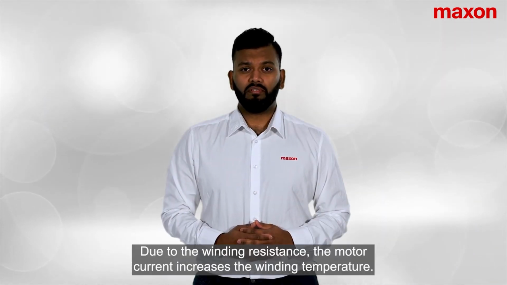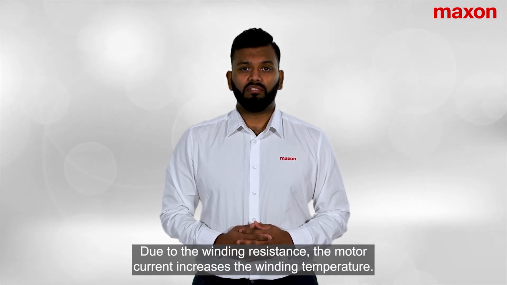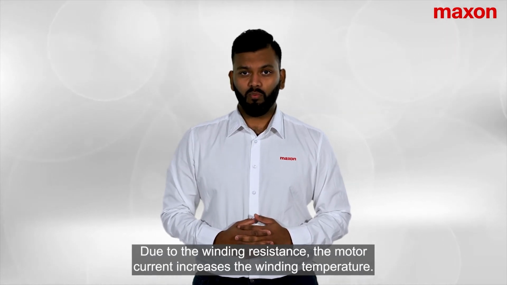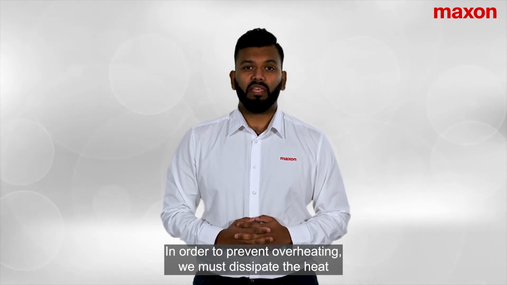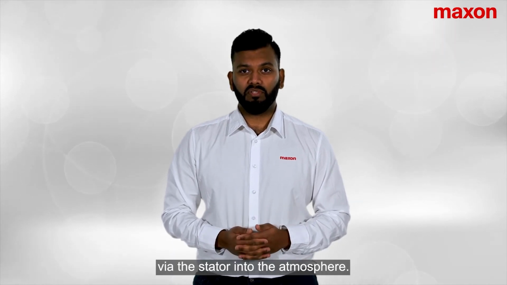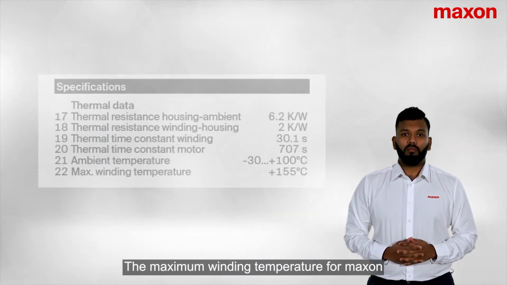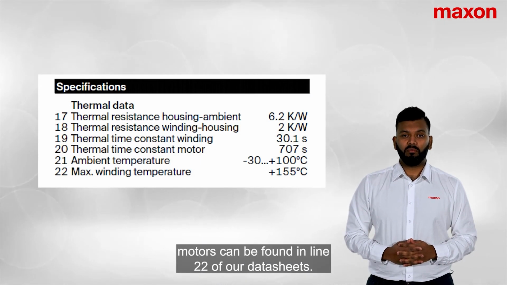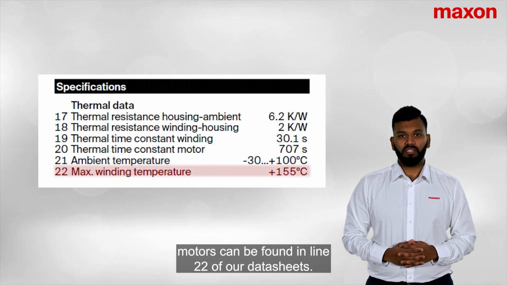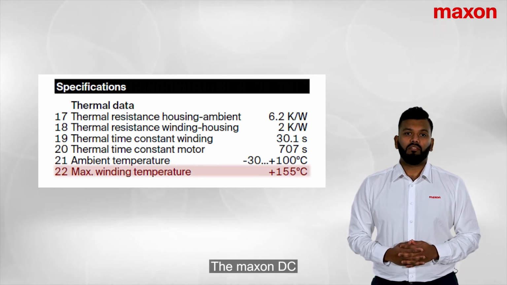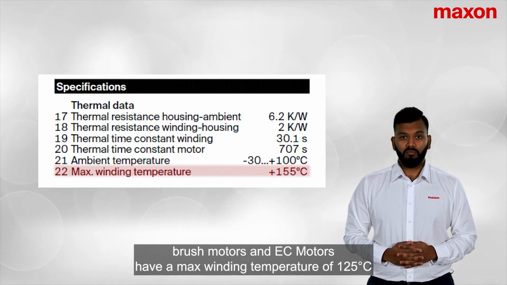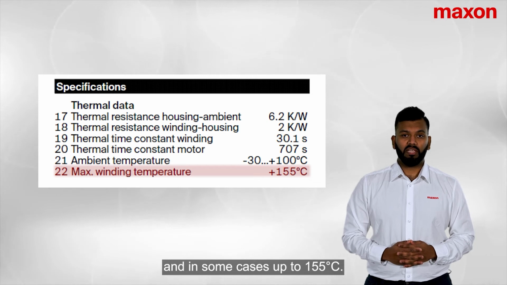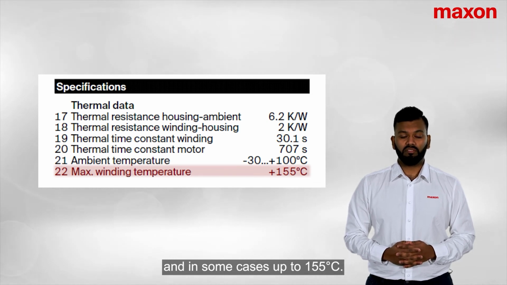Winding temperatures. Due to the winding resistance, the motor current increases the winding temperature. In order to prevent overheating, we must dissipate the heat via the stator into the atmosphere. The maximum winding temperature for maxon motors can be found in line 22 of our datasheets. The maxon DC brush motors and EC motors have a max winding temperature of 125 degrees, and in some cases up to 155 degrees.